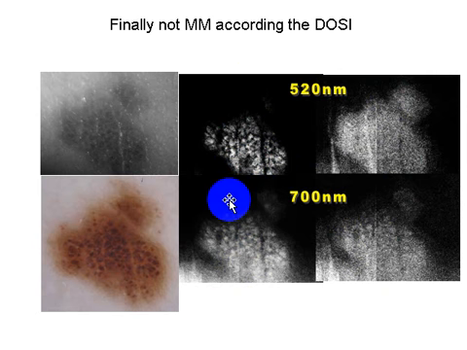And that's why the DOSI system said that this lesion is not malignant. So we waited for the histology, and the histology said that it's actually dysplastic nevus, and the DOSI system won this time.